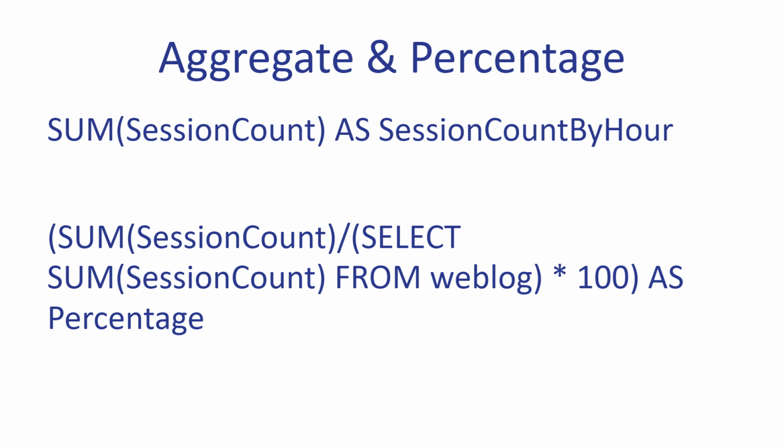Then we have given the percentage formula, times 100, to calculate the percentage of number of sessions for that particular hour from the complete day traffic. We'll see this in detail in the practical demonstration, so by the end of this lecture, you will see the practical demonstration too.